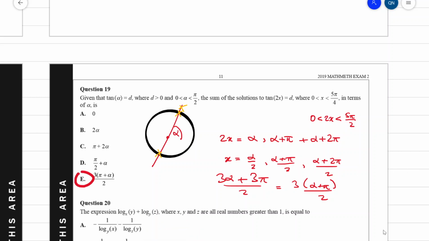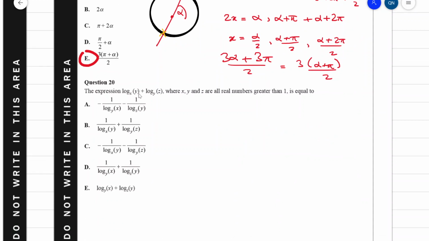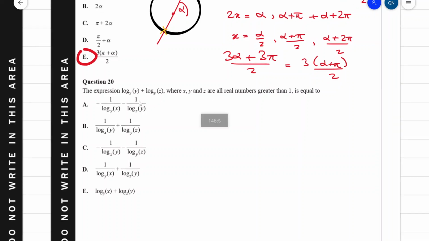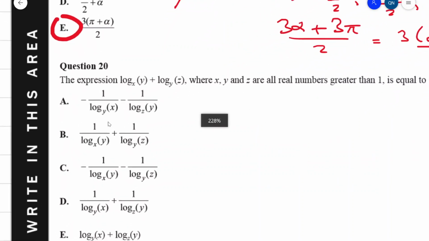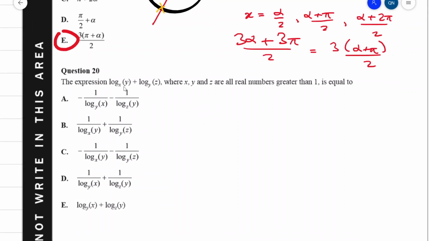All right, final question. Question 20. The expression for log xy plus log yz, where all these are real numbers greater than 1, is equal to. First thing my mind jumps to, well, first of all, I've done this question already, is just to use change of base formula.